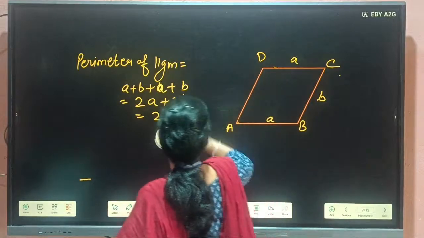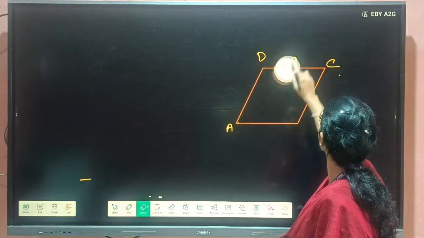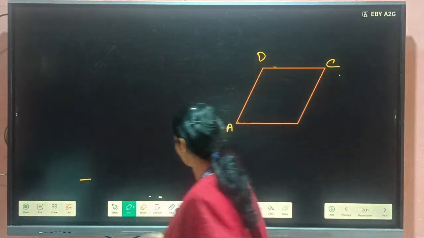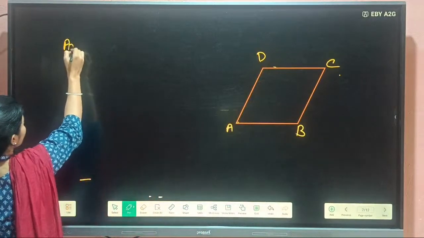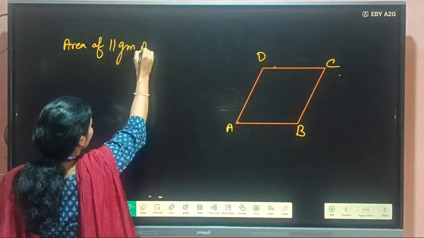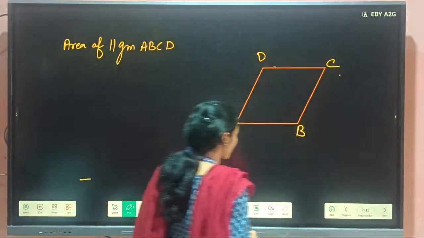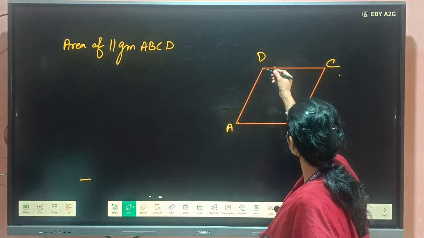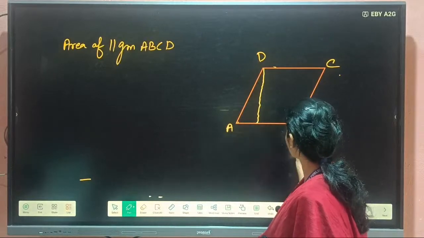Area of parallelogram ABCD. Let us draw its height, a perpendicular from vertex D to AB.